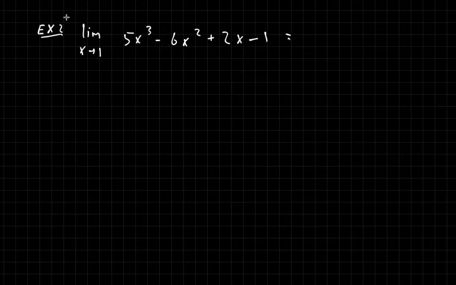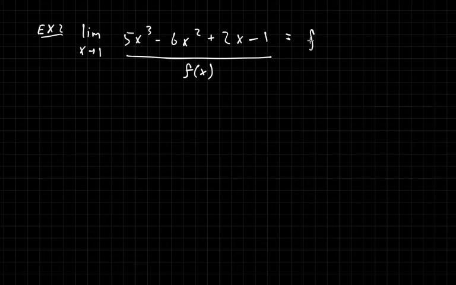So example 2 says, the limit as x approaches 1 for 5x cubed minus 6x squared plus 2x minus 1 equals something. So once again, this right here is f of x. And what we're saying is that using direct substitution, this is equal to f of 1, right? So all we do is we just plug in 1 here.